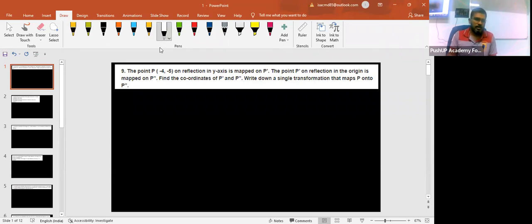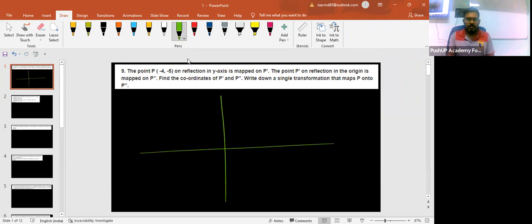Yeah. Children, they are telling you there is a point P(-4, -5) on reflection in the y-axis is mapped onto P dash, isn't it? Now let's draw the xy plane. Remember, this is a rough xy plane, and you also have to follow the same method.